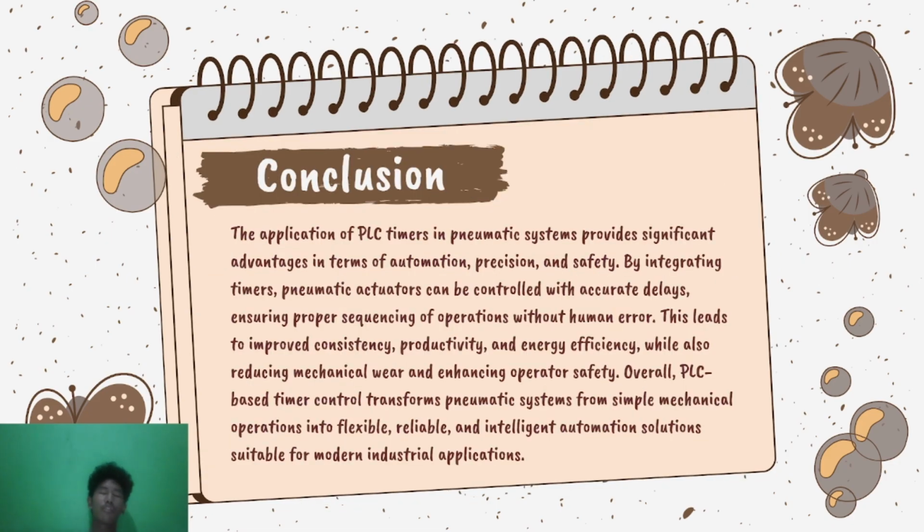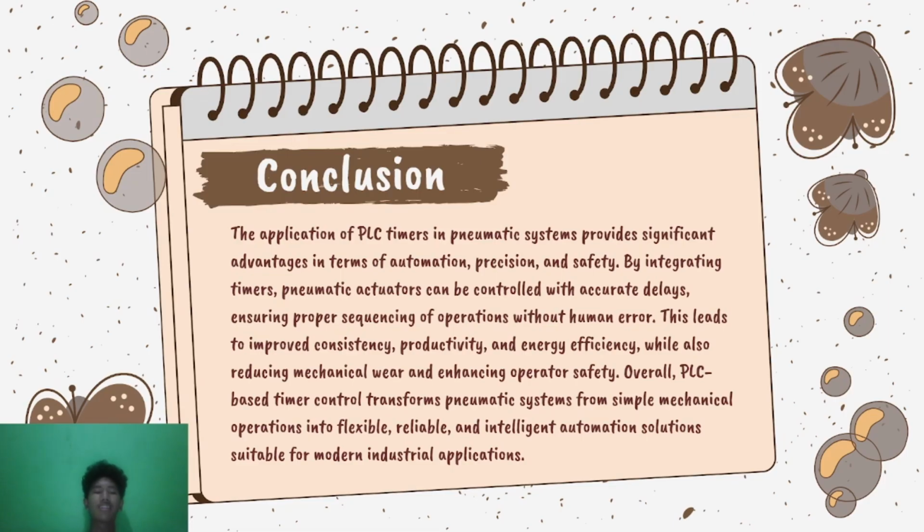So this is the conclusion after what I have presented to you about the timer in PLC in CX-Programmer. The application of PLC timers in pneumatic systems provides significant advantages in terms of automation, precision, and safety.